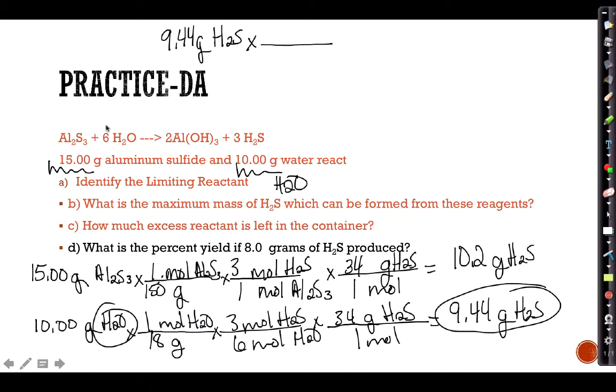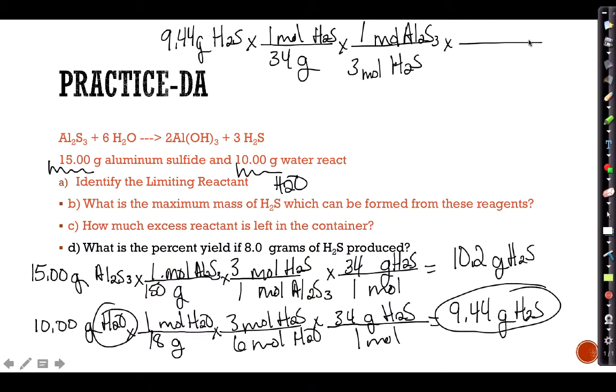So I'm going to go back to my excess reactant here. So I'm going to go back to moles. Then I'm going to go to moles of aluminum sulfide. All right, moles on top of moles. I have 3 moles of this for every 1 mole of this.